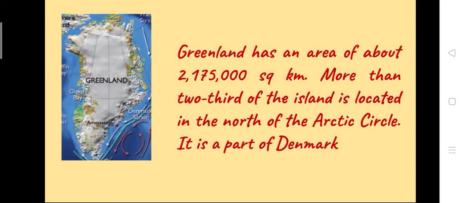Now let us study about the geographical features of this island. The total area of Greenland is 21,75,000 square kilometers. More than two-thirds of the island is located north of the Arctic Circle.